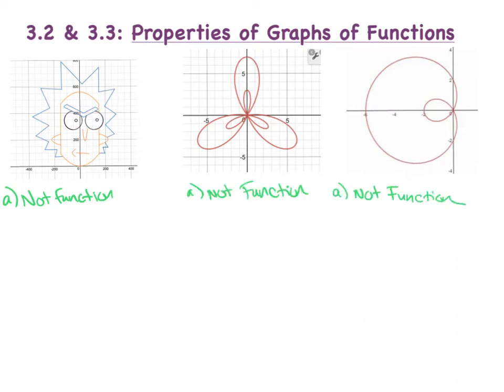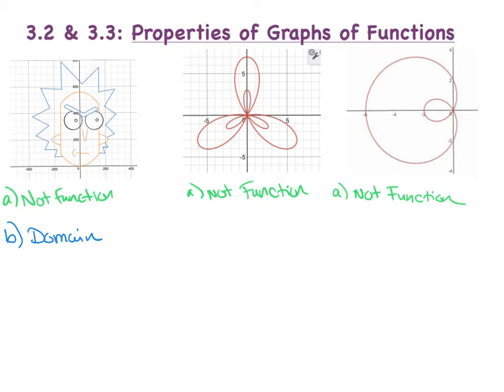Because each one of them failed the vertical line test, we could find a vertical line that touched our graph more than once. It didn't matter that other vertical lines didn't touch the graph, just could we find at least one. So none of these graphs are functions. So let's move on to talk about something that's a little bit more exciting. Let's talk about domain for each of these in part B.